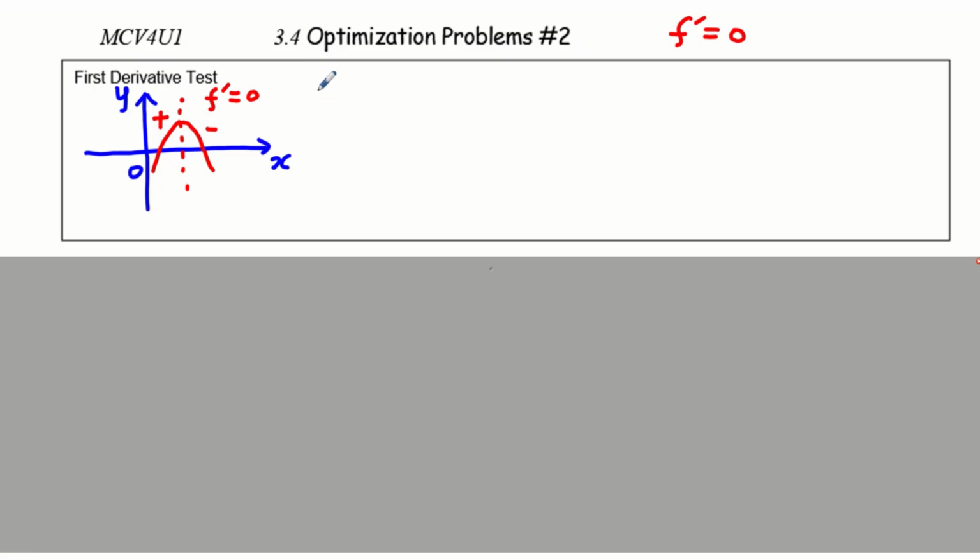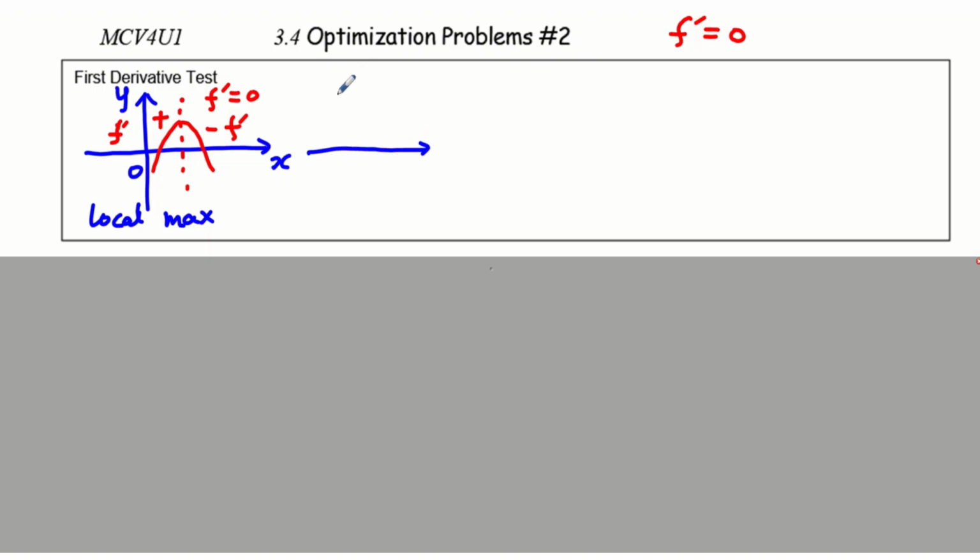If f prime changes sign from positive to 0 then to negative, then at f prime equals 0 you have a local, or maybe absolute, maximum, but for sure a local maximum. So when the first derivative changes sign from positive to negative, increasing to decreasing, then at f prime equals 0 you have the local maximum.